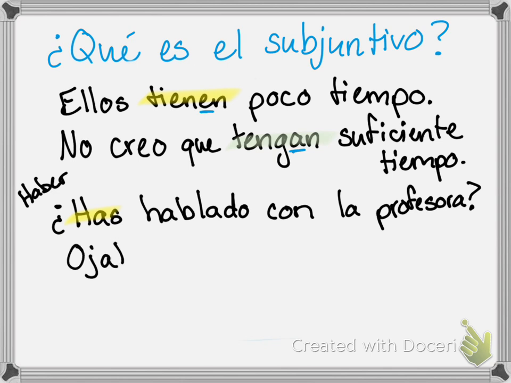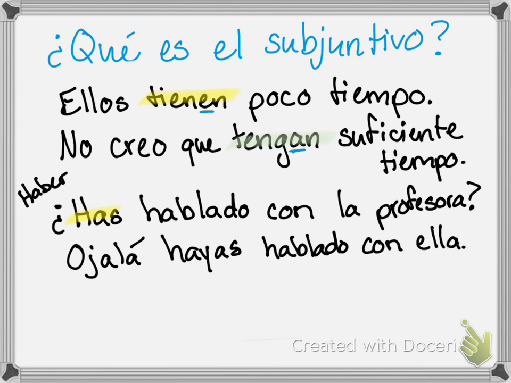I might say, ojalá, I hope, or I wish, ojalá hayas hablado con ella. Ojalá hayas hablado con ella. So hayas here is my subjunctive. So this haber is a little bit more uncommon than the others. As you can see, the a didn't change. But for pretty much every other verb, my a in my indicative will change to an e or an e in the subjunctive, and my e in the indicative will change to an a in the subjunctive.